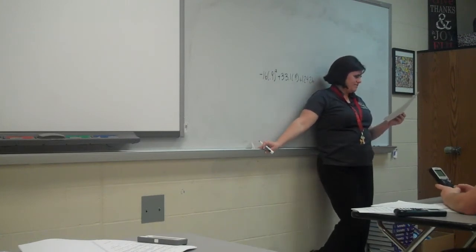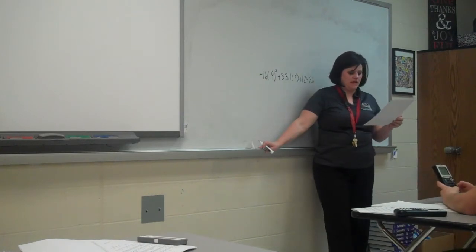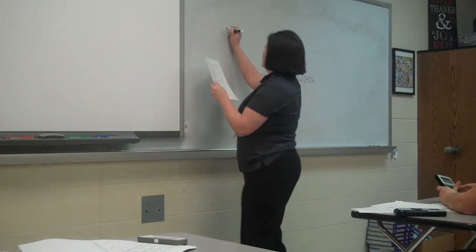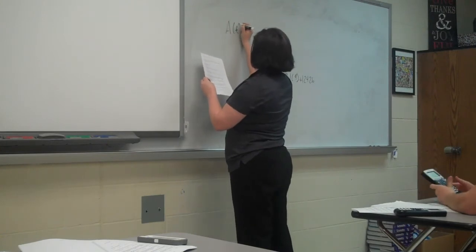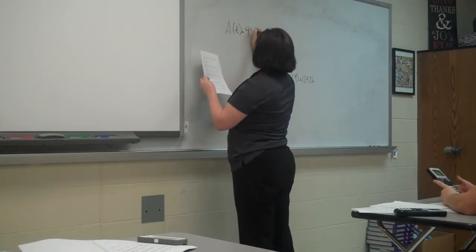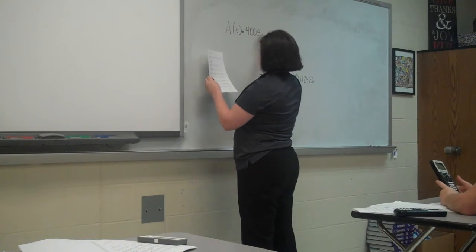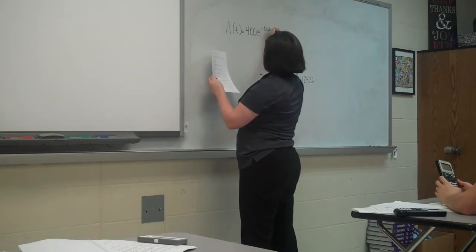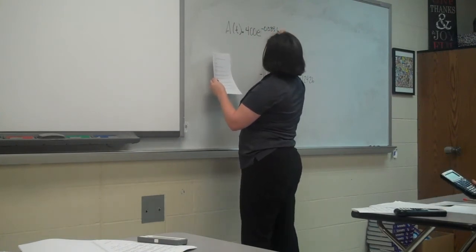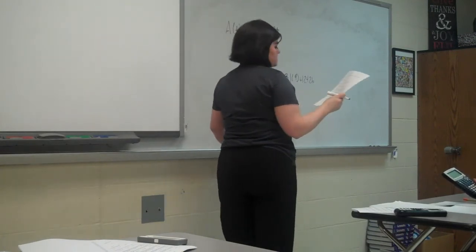All right, number 8. A sample of 400 grams of radioactive substance decays according to the function A of T equals 400 e to the negative 0.035 T, where T is time in years.